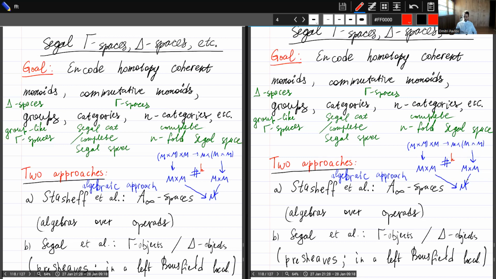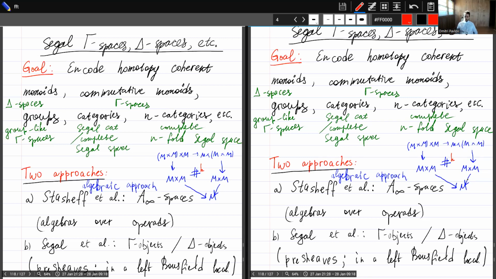And I think Stasheff was one of the first to write down an explicit example of such a construction using what he called an A-infinity space. Eventually, this was all codified by May as algebras over operads. And this approach works.